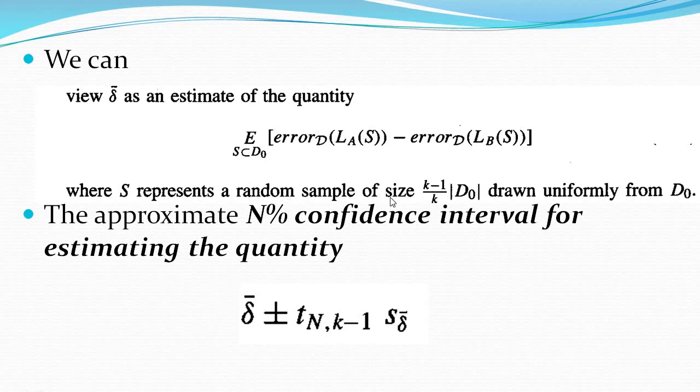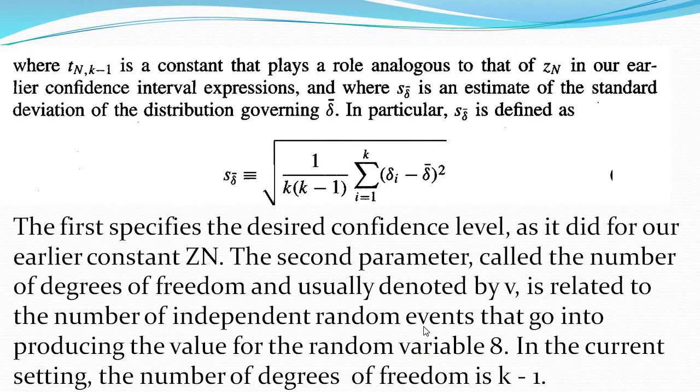So S represents the random sample of size n, and D0 is drawn uniformly from D0. To approximate the n percentile confidence interval, how are we considering it? Mean plus or minus t(n, k-1) times s of delta bar. Let's go through the notations in this slide. t(n, k-1) is a constant that plays a role analogous to z(n).